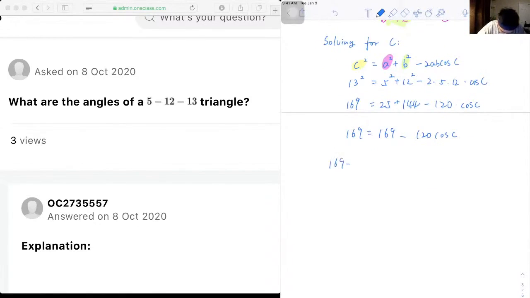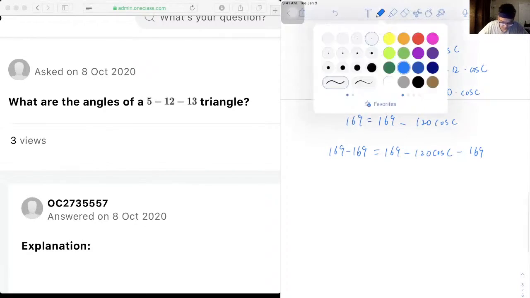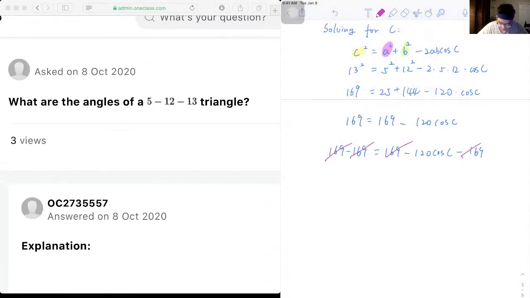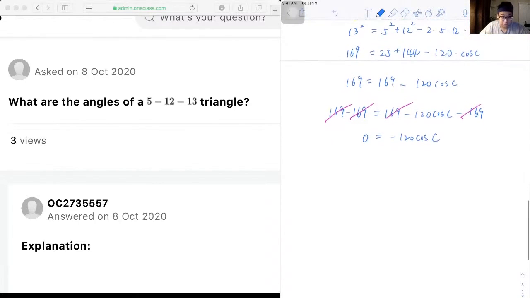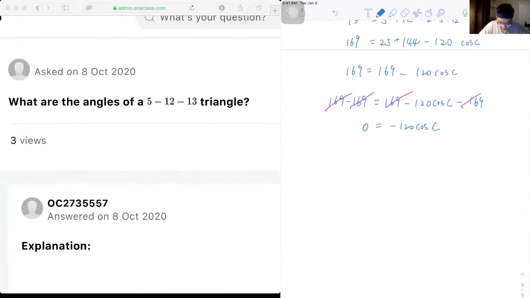So 169 minus 169 is equal to 169 minus 120 cosine C minus 169, and the 169s cancel out, so we have 0 is equal to negative 120 cosine C, right? Then we divide both sides of the equation by negative 120, which gives us 0 is equal to cosine C.